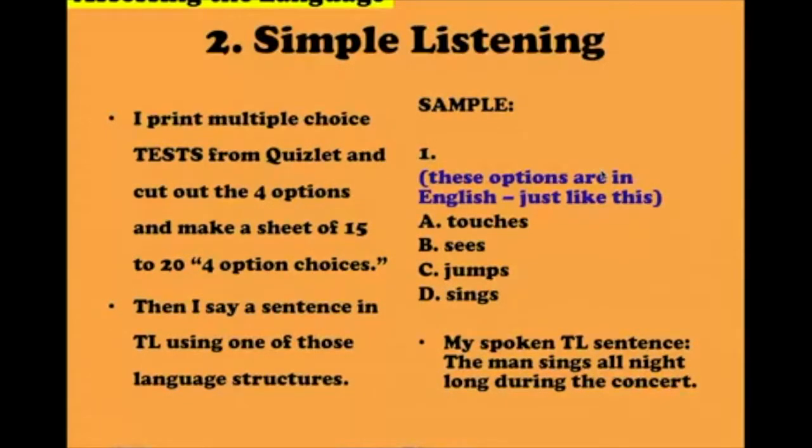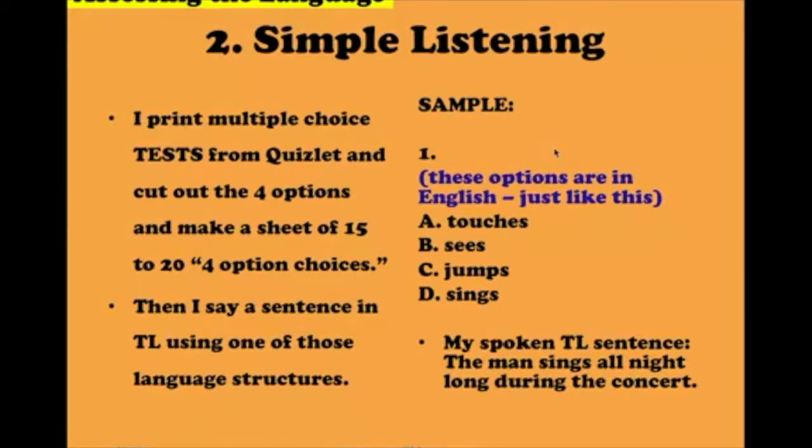There is a whole blog post on my site about this, but I'm going to go through it quickly. I love Quizlet. So I go to the test function on Quizlet. I print out the multiple choice ones. It then provides me with 4 options. It actually has a question. So right up here, there would be a target language word. This would say toca, or touches, in Spanish.